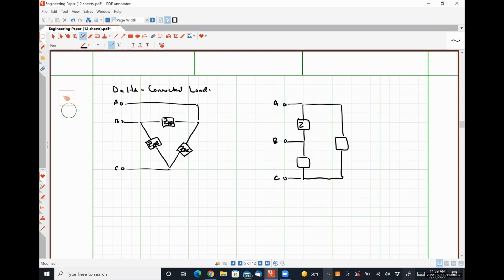Giving us Z delta A, Z delta B, and Z delta C. And from here, we can identify our phase voltages, our line voltages, and our phase currents.